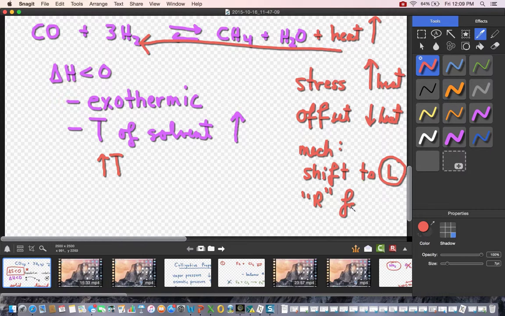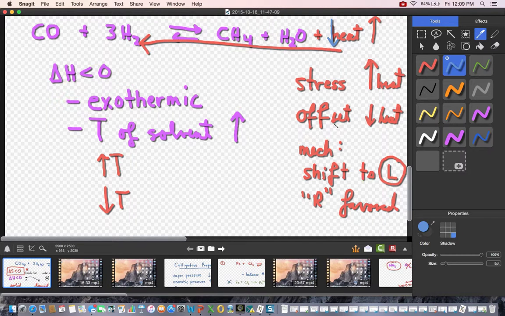These types of questions are pretty common on standardized exams. Now, that means if I want to obtain more product, I do not want to increase the temperature. Rather, I would want to decrease the temperature. Decreasing the temperature would decrease the concentration of heat.